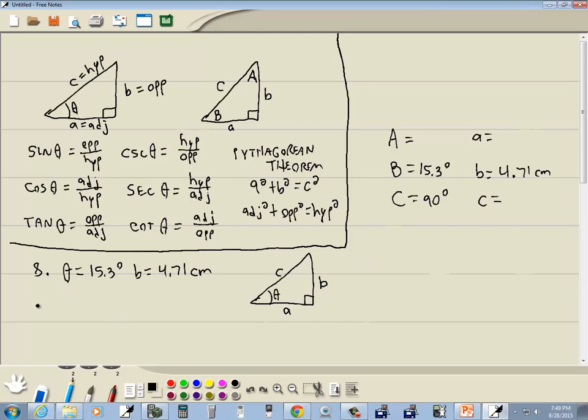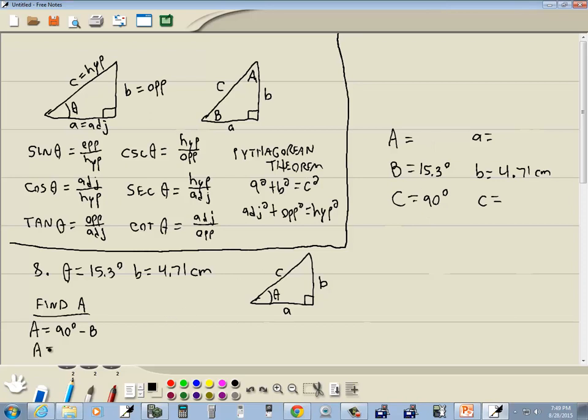Okay, first thing we want to do is find angle A. And I'm going to do this a little bit different. To find angle A, you can take 90 degrees minus B. Because I know automatically that angle C is always going to be 90 degrees. So these other two have to add up to 90 degrees.